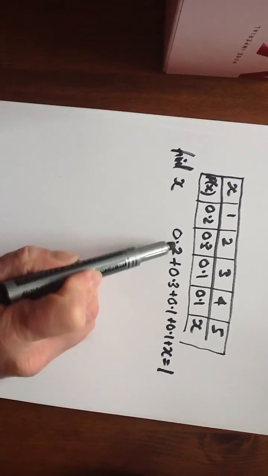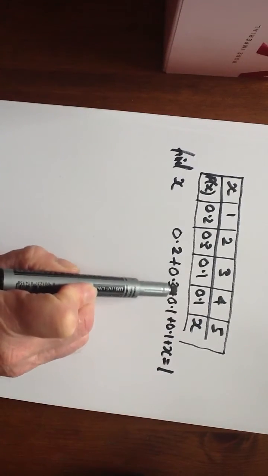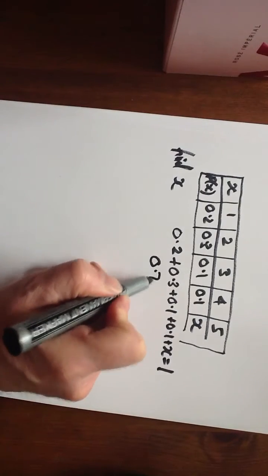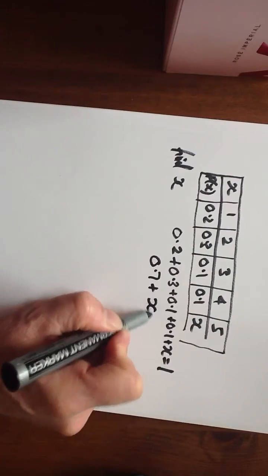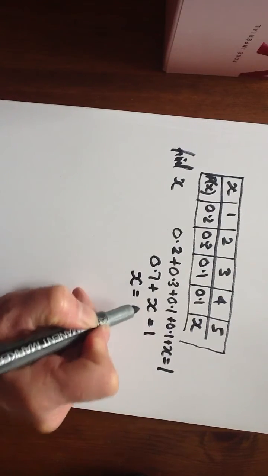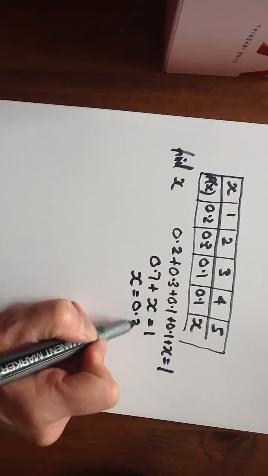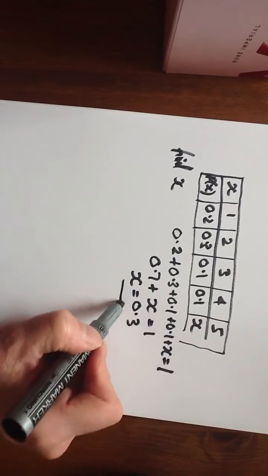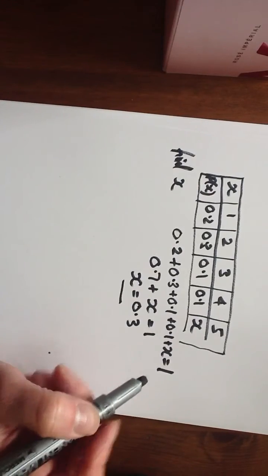So if I add up the decimals, 0.2 and 0.3 is 0.5, 0.6, 0.7, 0.7 plus x equals 1. So we should see that x will equal 0.3. Just think, what do you add to 0.7 to get 1? And the answer is 0.3.